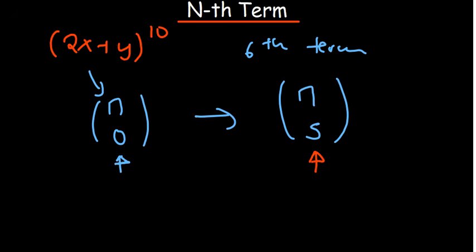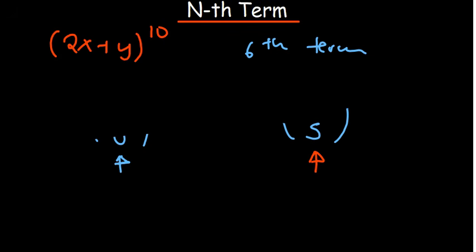So each time they ask you to find the nth term, r is going to be less by 1. So if I ask you to find the 100th term, know that the value of r on the bottom is going to be 99. Okay, so how do you do that without having to expand everything?